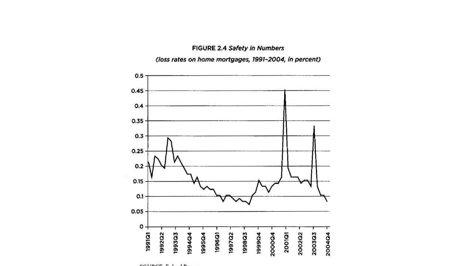Now here we see something from the banking perspective in housing, and we're looking at the loss on home mortgages as a percent. And so what this data means is, let's take a look at Q4 1999. It's roughly 0.15.